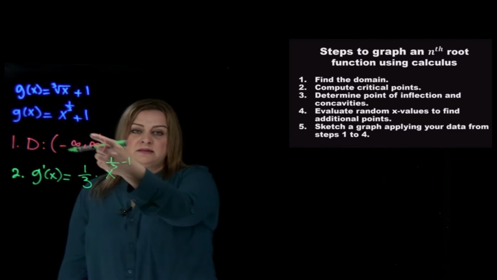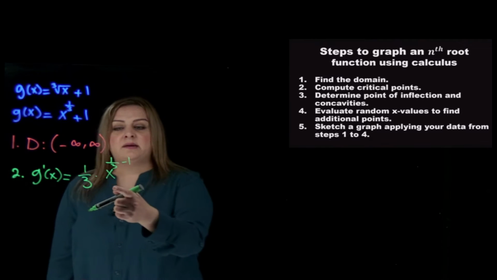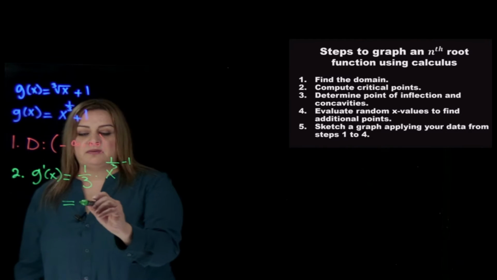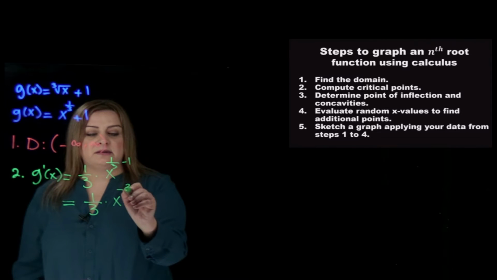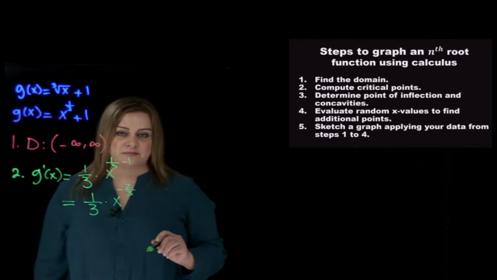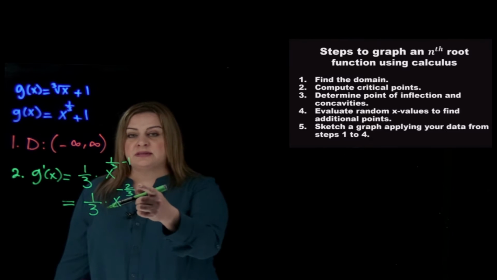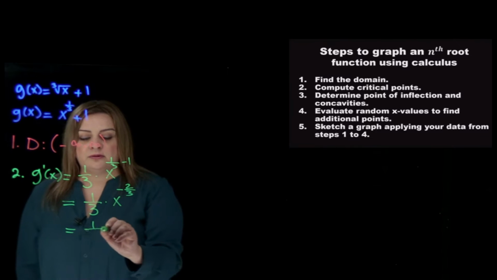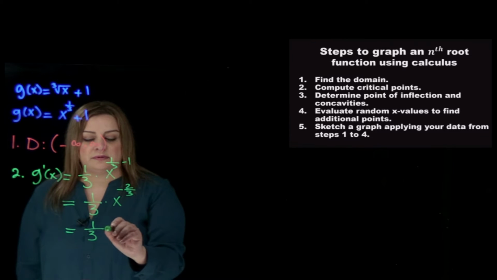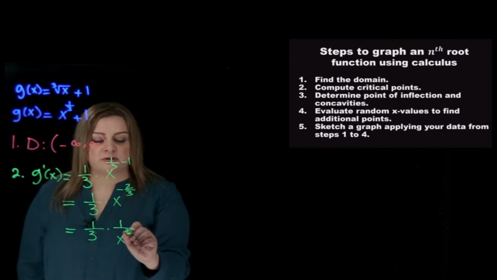1 is a constant. The derivative of a constant is 0. Simplifying my function, I will have 1/3 times x to the negative 2/3. Rewriting my answer using the negative exponent rule, we will have 1/3 times 1 over x to the 2/3.